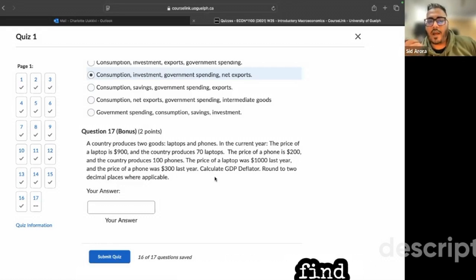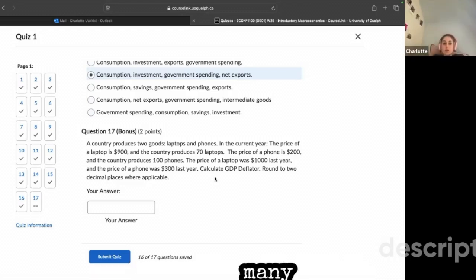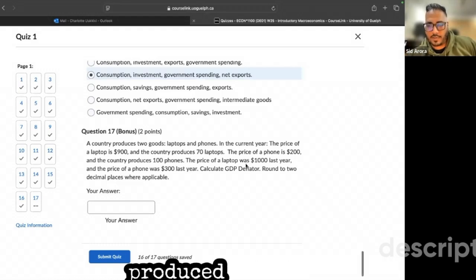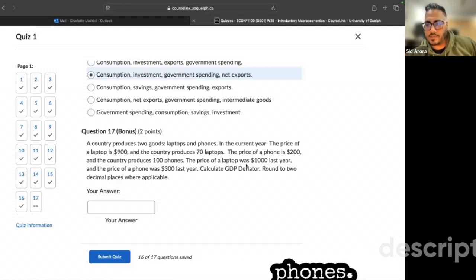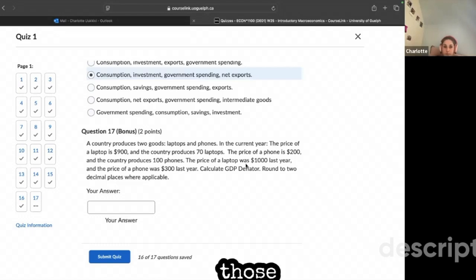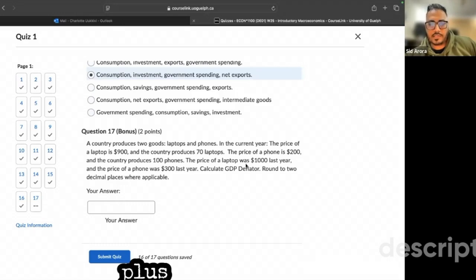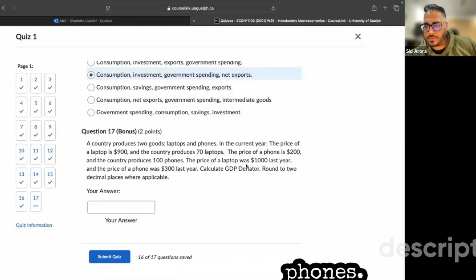So you want to find how much the production of those two goods is worth. The economy produced 70 laptops and 100 phones. How much are those worth? You multiply by the price: 70 laptops times 900 plus the price of phones, 200, times 100 phones. That gives you the nominal GDP.